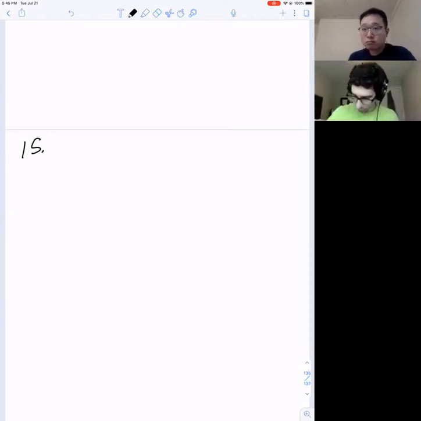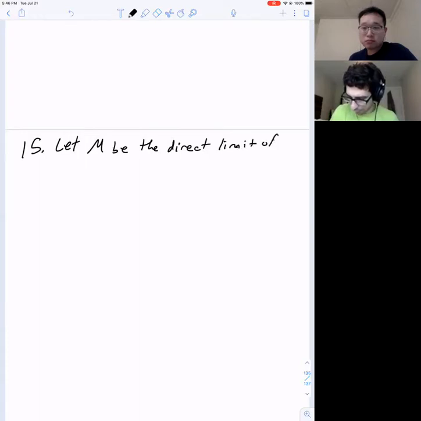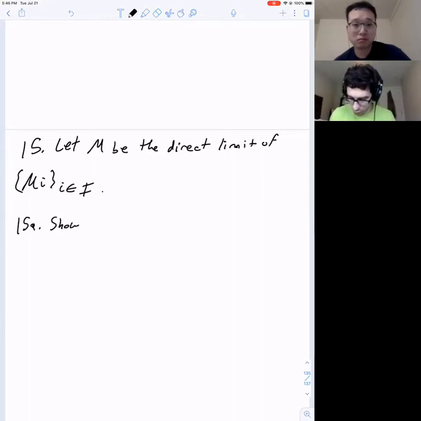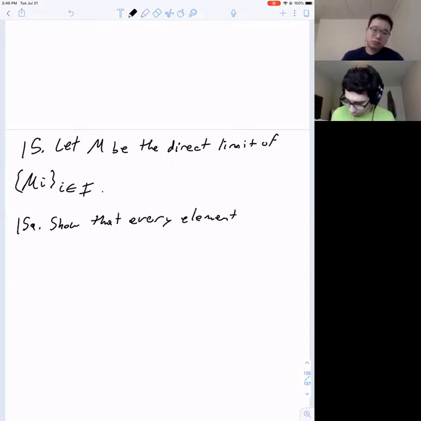So again, let M be the direct limit of some collection Mi in some directed system I. Then 15a is: show that every element of M can be written in the form of some mu i of xi.